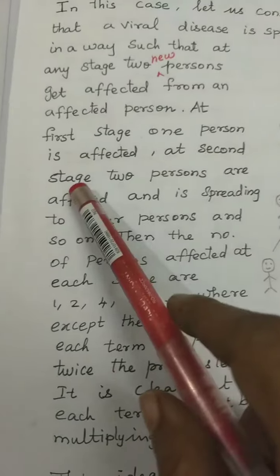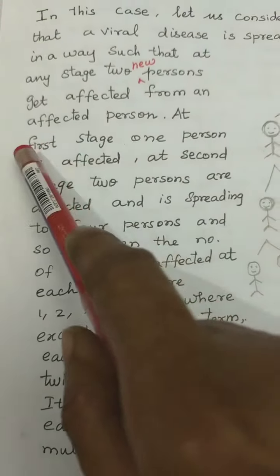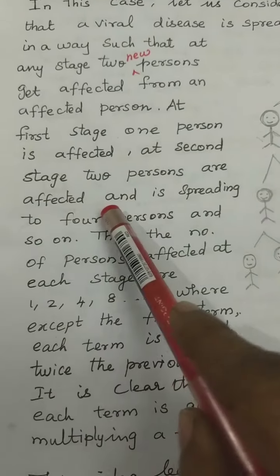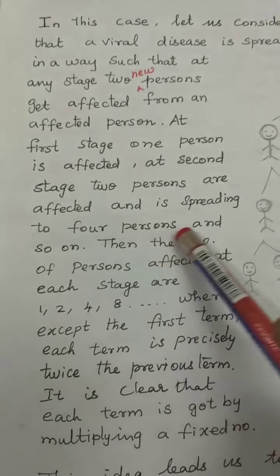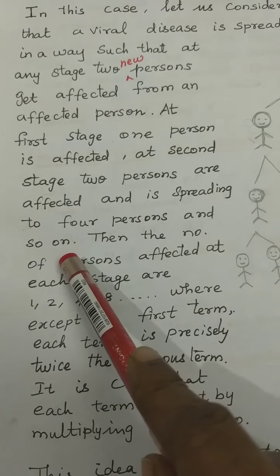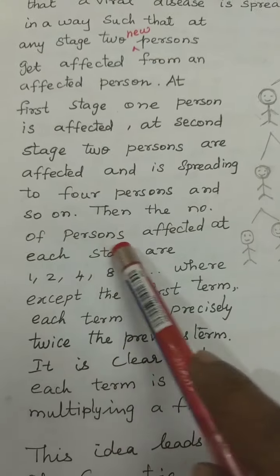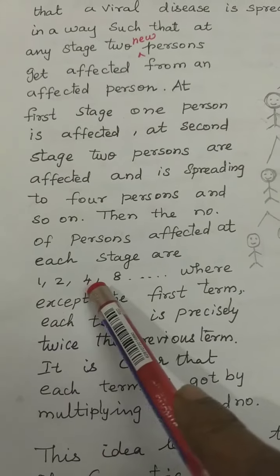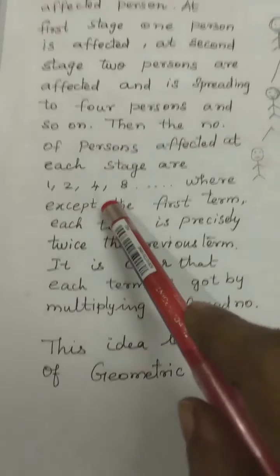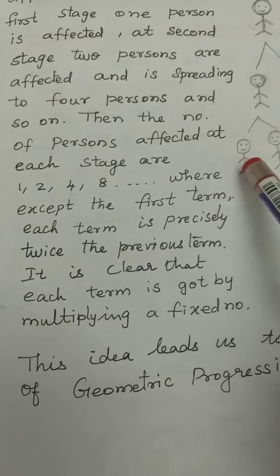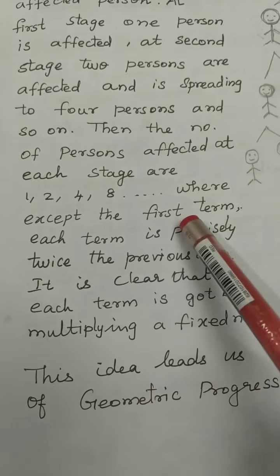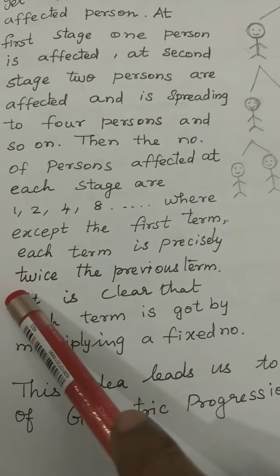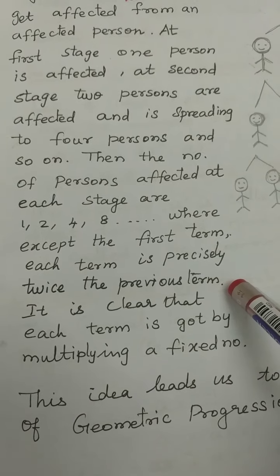Okay. Here one person is in the first stage, one person is affected. At second stage two persons are affected and are spreading to four persons and so on. Then the number of persons affected at each stage are 1, 2, 4, 8, and so on, where except the first term, each term is precisely twice the previous term.